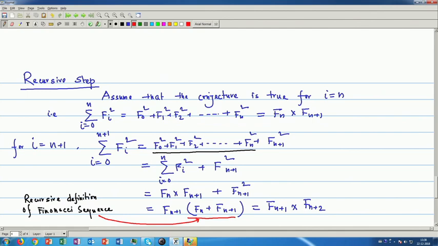So, this is f n plus 1; for i equal to n plus 1, it is true.